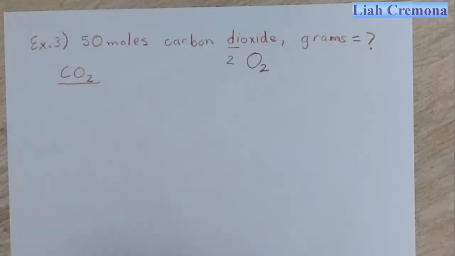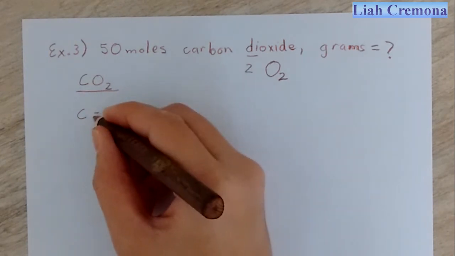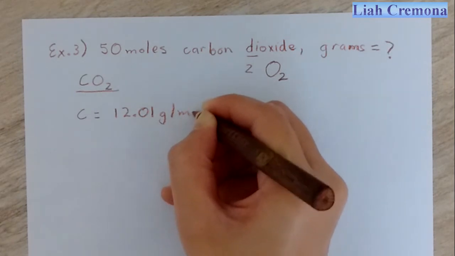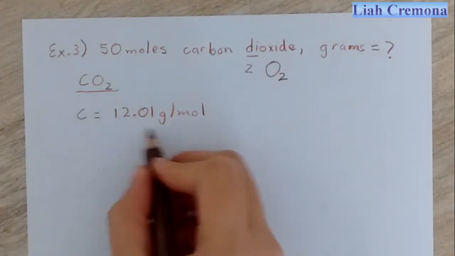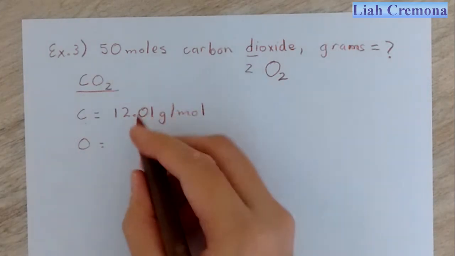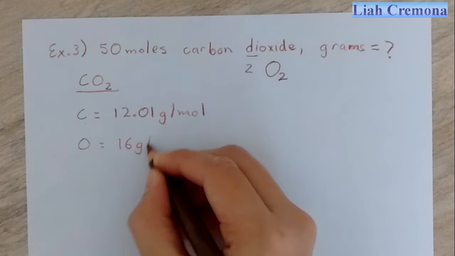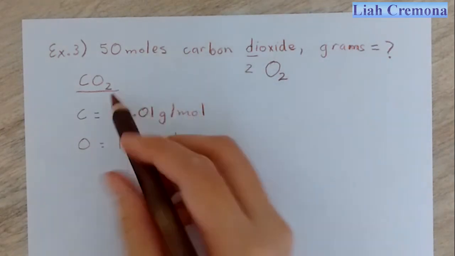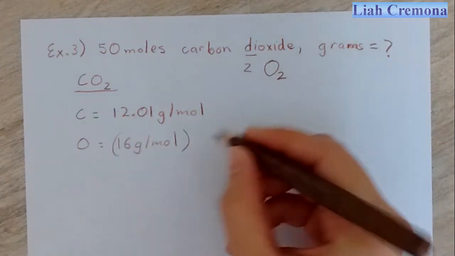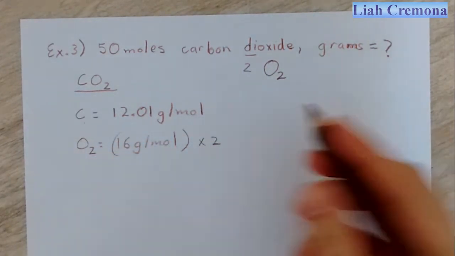Next, we find the molar mass of carbon dioxide. Carbon has a mass number of 12.01 grams per mole, molar mass of carbon, and oxygen has a mass number of 16. However, as we see, we have 2 atoms of oxygen, so we must multiply 16 times 2 to give us this.